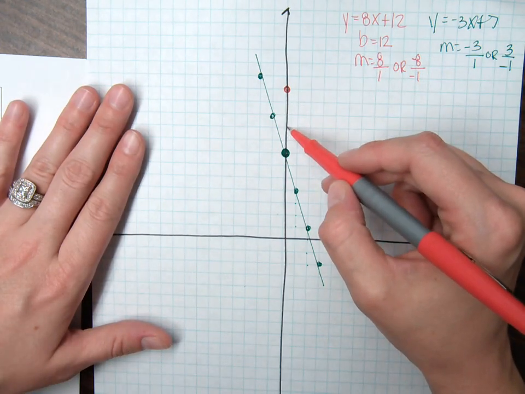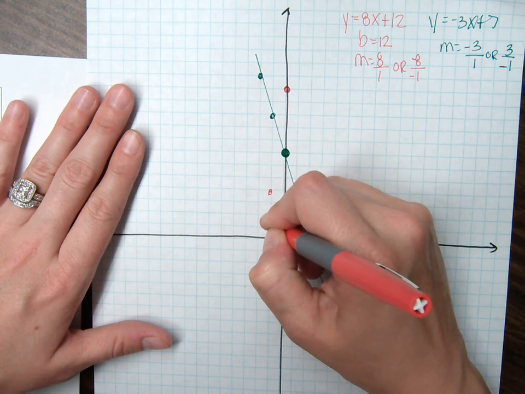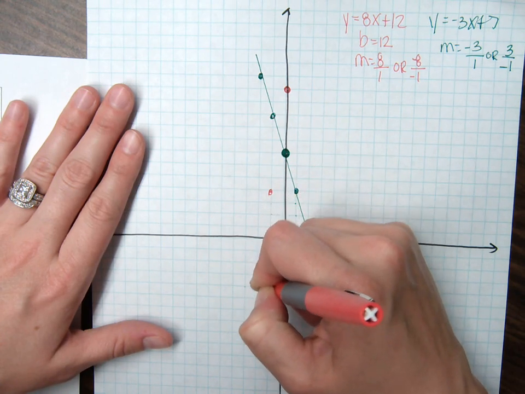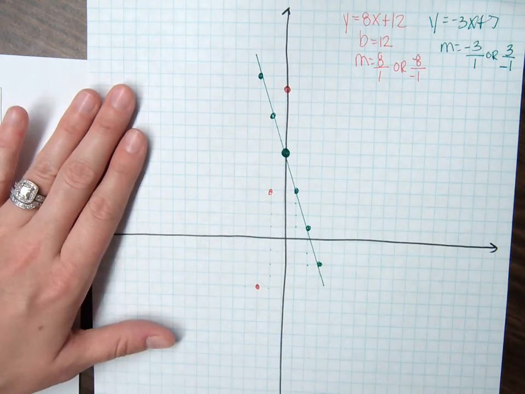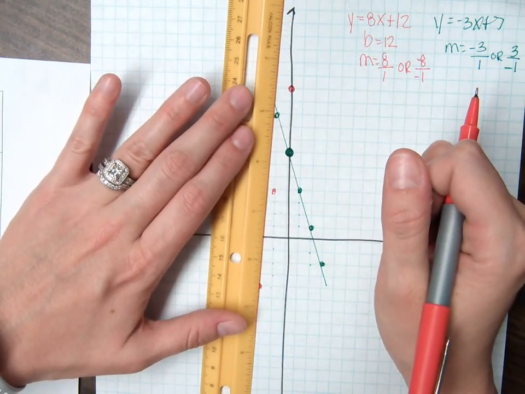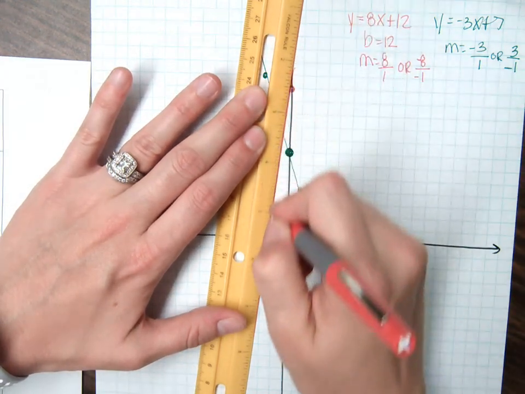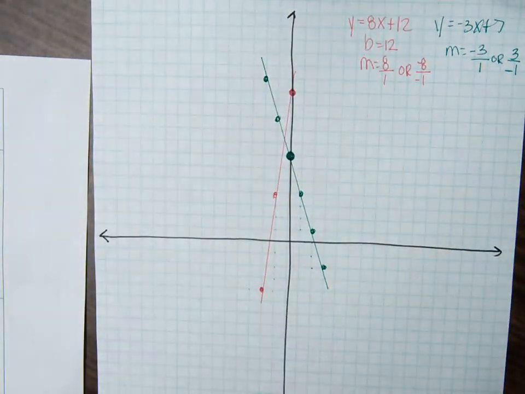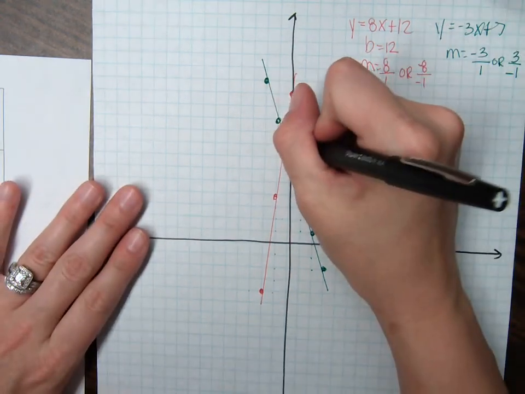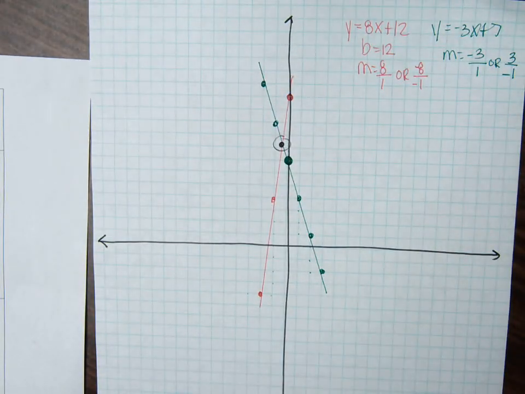Down 8, left 1. Draw our line. And it says to place point E. This is my solution to my system where they cross.